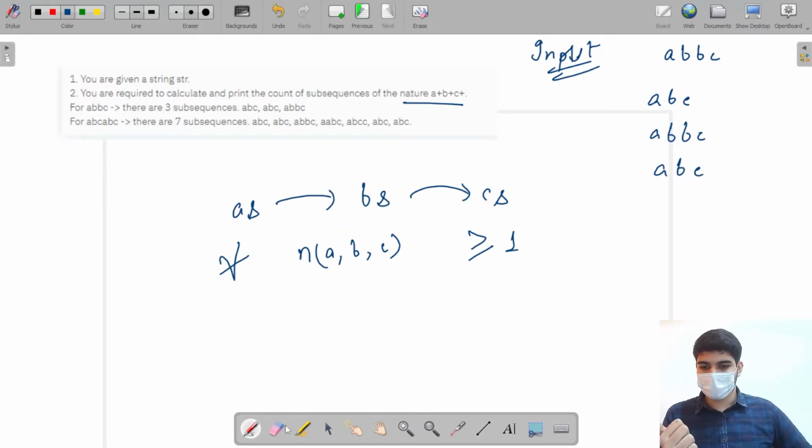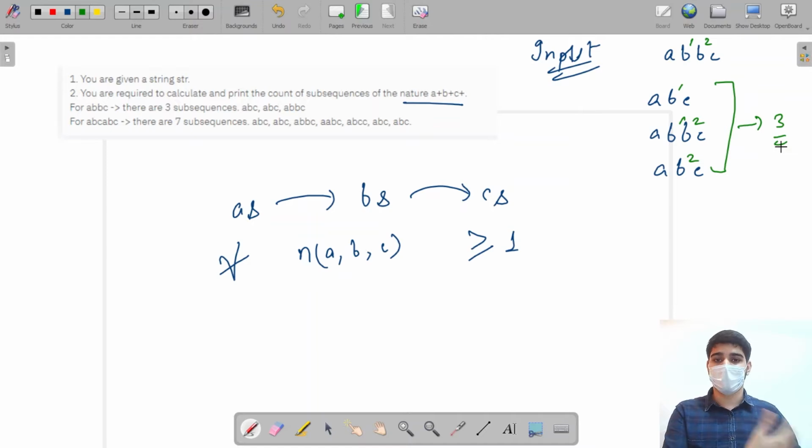In this, if I give badging to both the B's, let's suppose this is B1 and this is B2, the very first string is my AB1C, the second is AB1B2C, and the third one is AB2C, right? So these are the three total subsequences that follow the nature of A+B+C+, right?